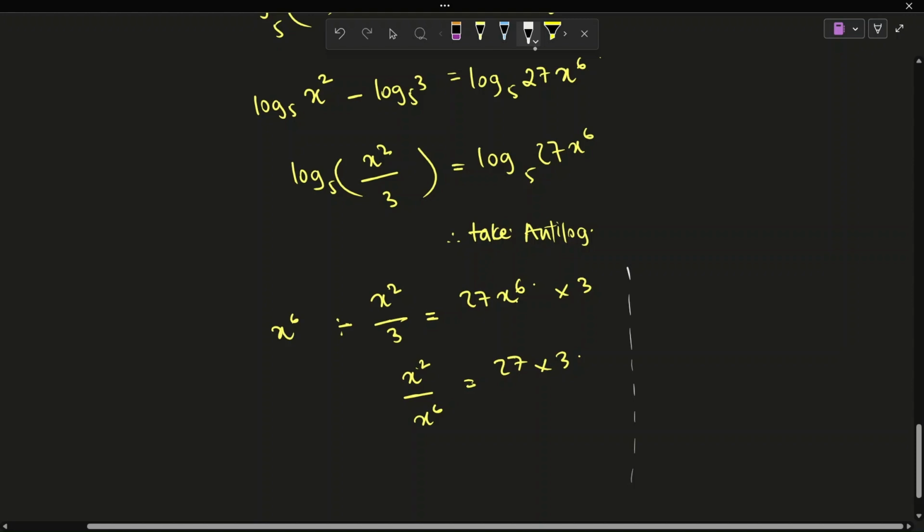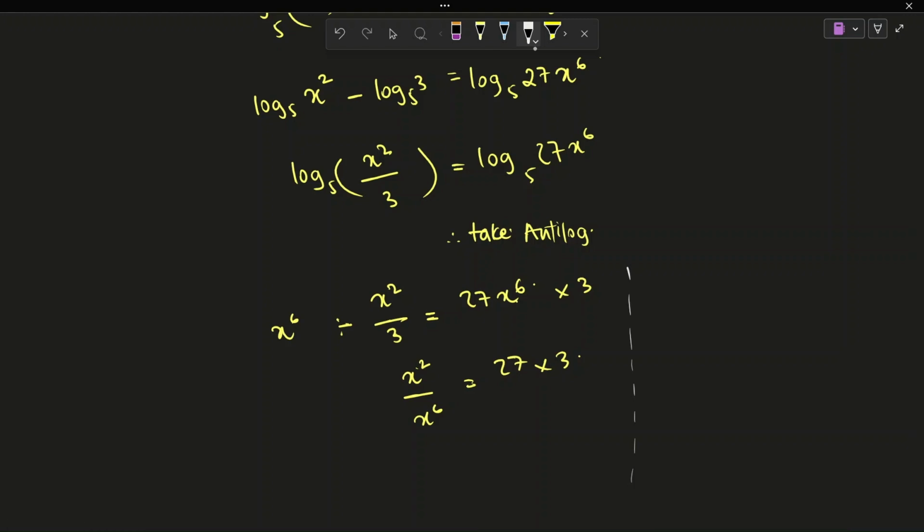Hang on with me. Now we're going to write this as, since x squared divided by x to the power 6 is just x to the power minus 4, equals 27 times 3 is 81, and x to the power minus 4 can be written as 1 by x to the power 4, so 1 by x to the power 4 equals 81.